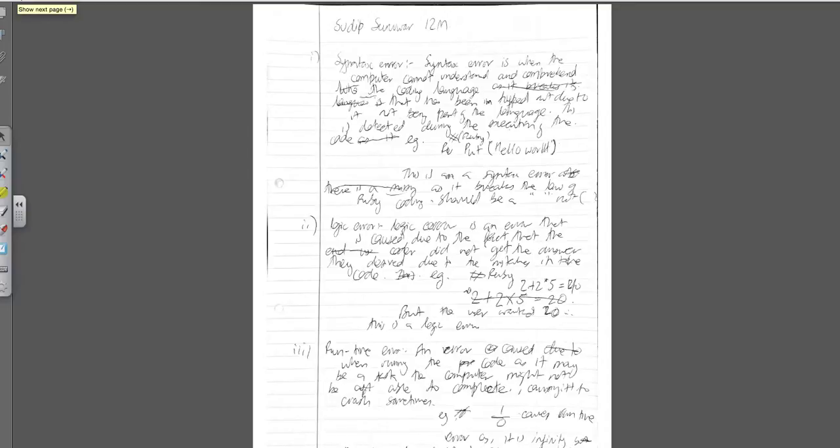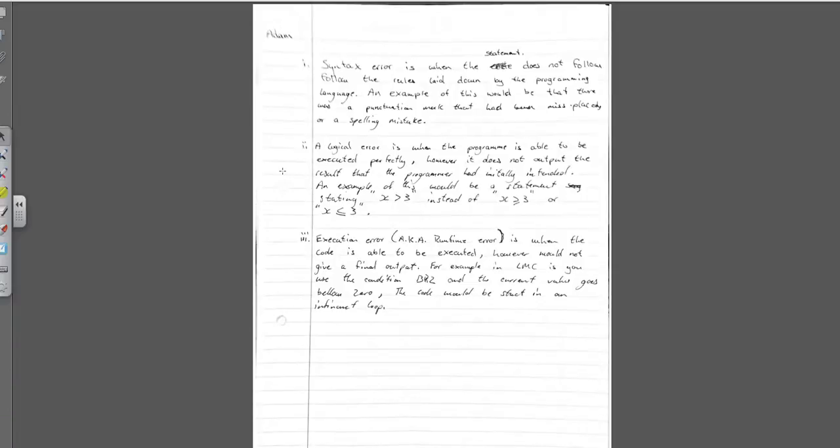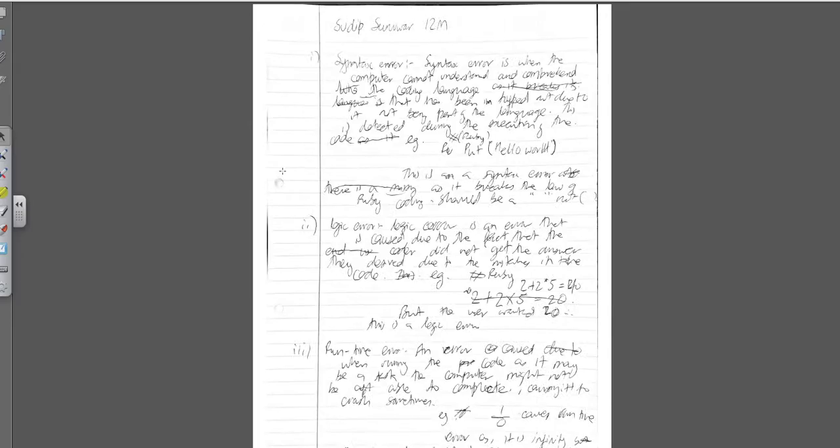Runtime error: an error caused when running the code, as the computer might not be able to complete, caught to crash. This comes to computer error of its infinite.